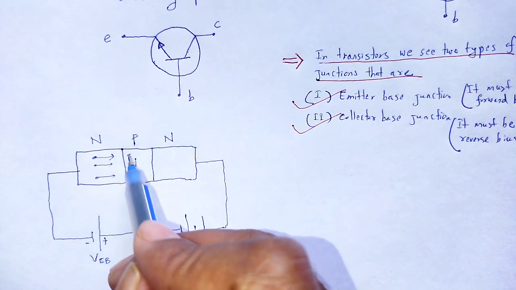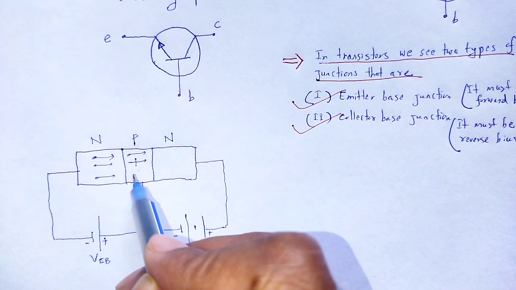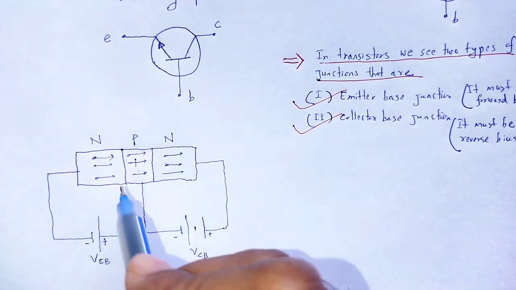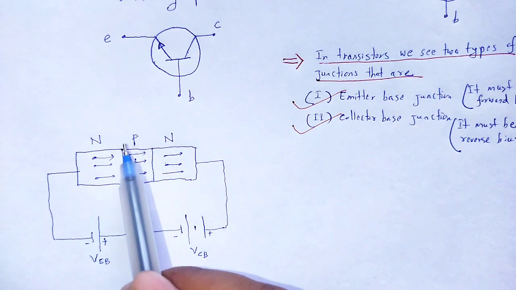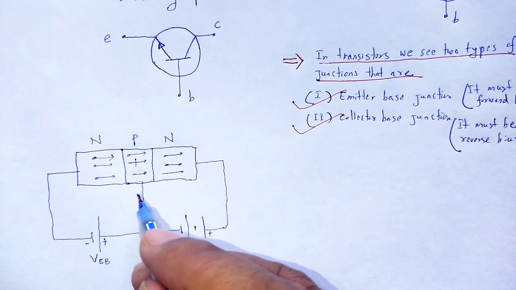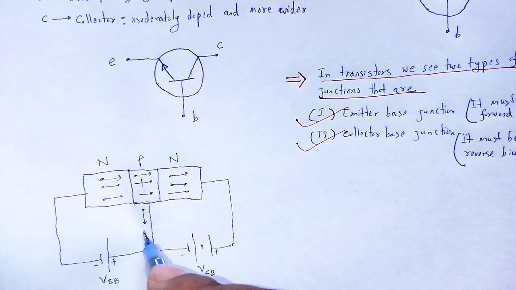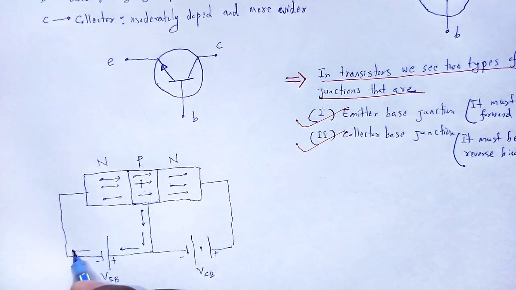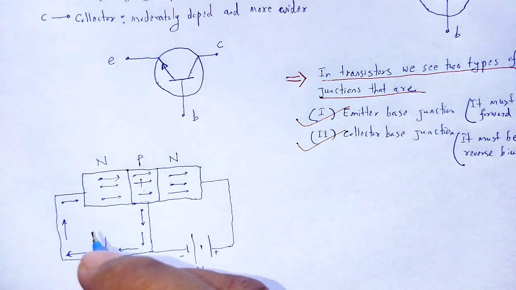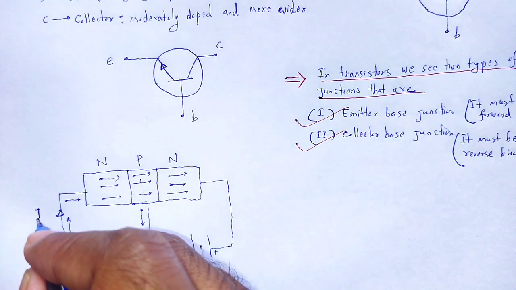These electrons overcome the base, as the base is very thin and lightly doped. The flow of current is the emitter current IE.